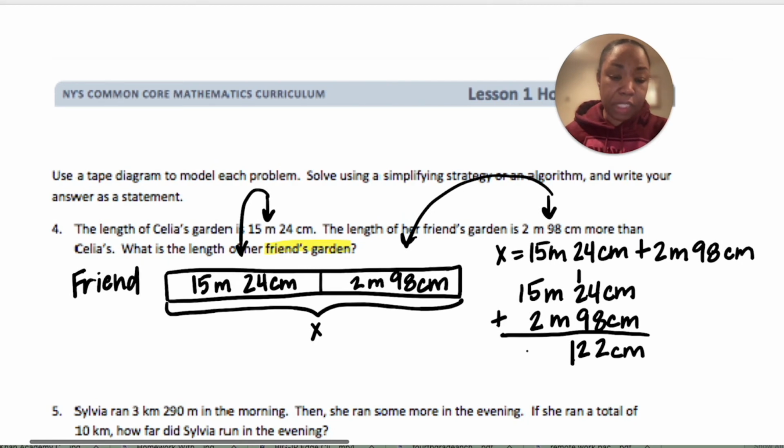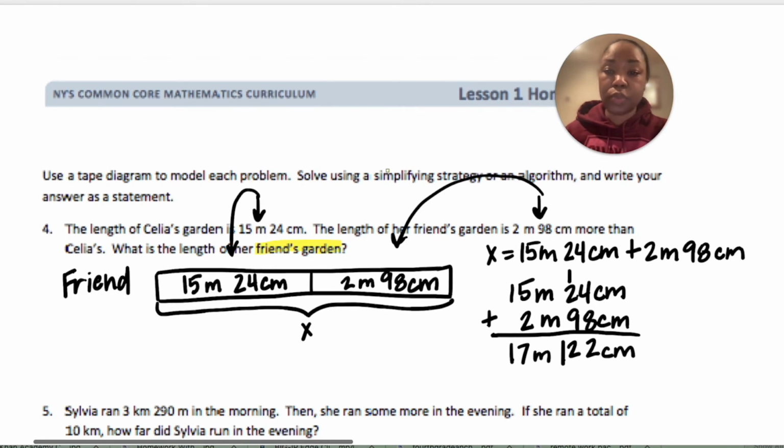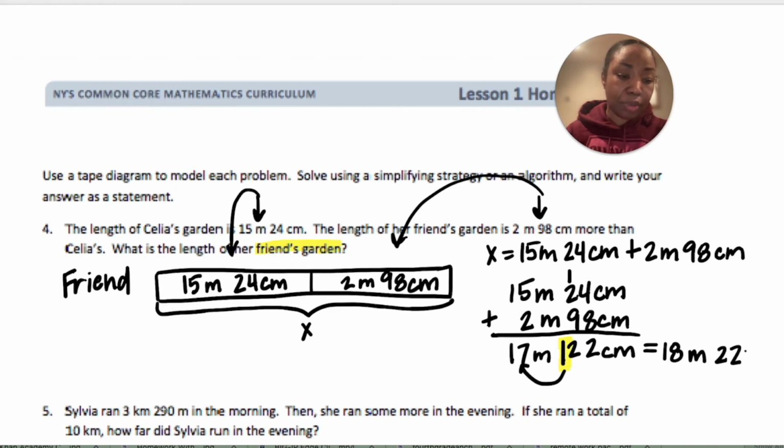And then 15 and 2 makes 17. If you notice, we have 100 centimeters. 100 centimeters is the same as 1 meter. So I'm going to add 1 more meter for that 100, making 18 meters and 22 centimeters.